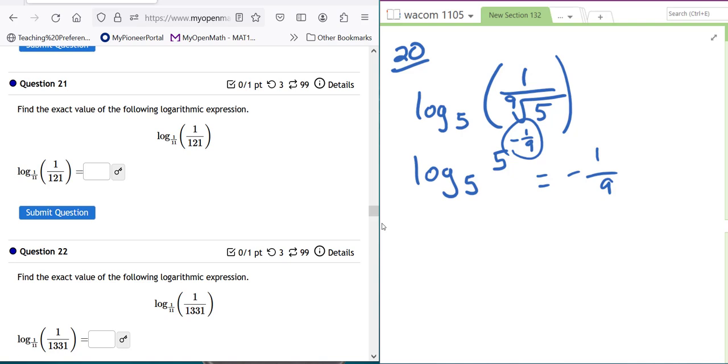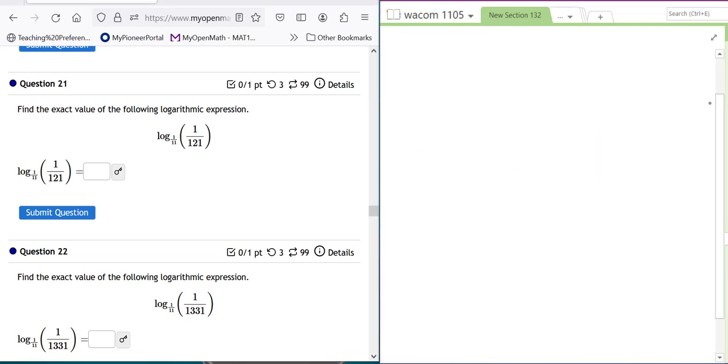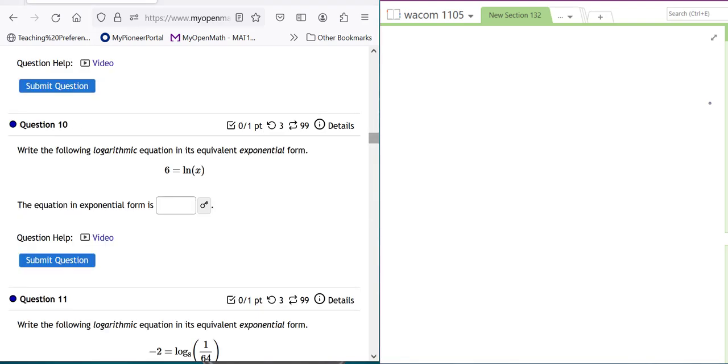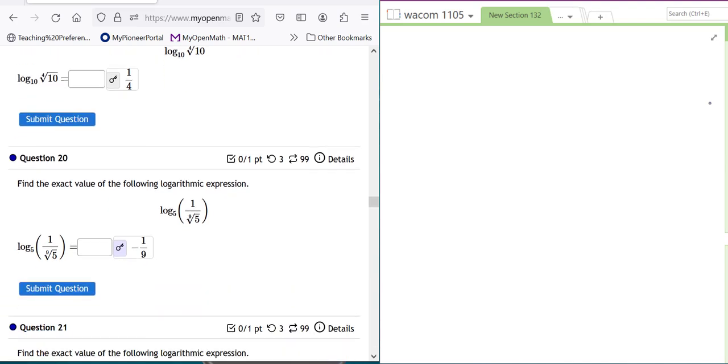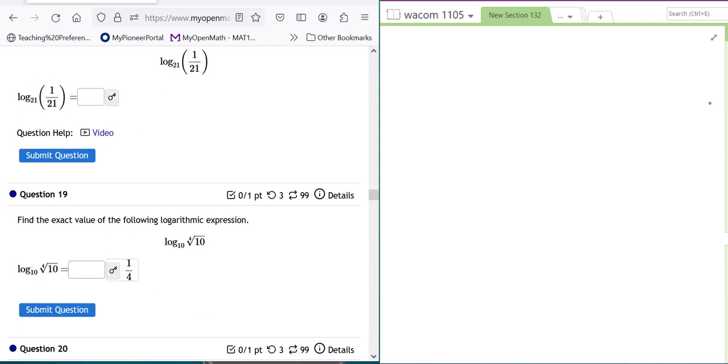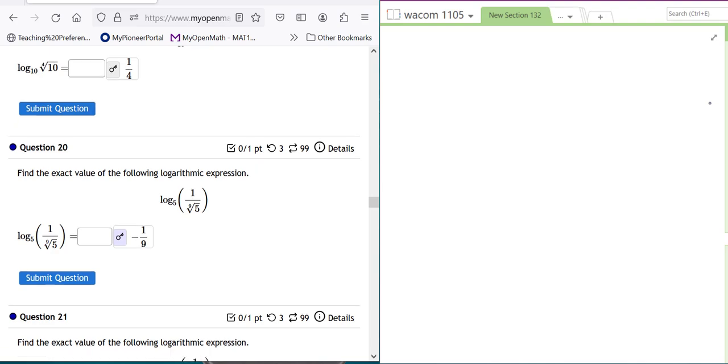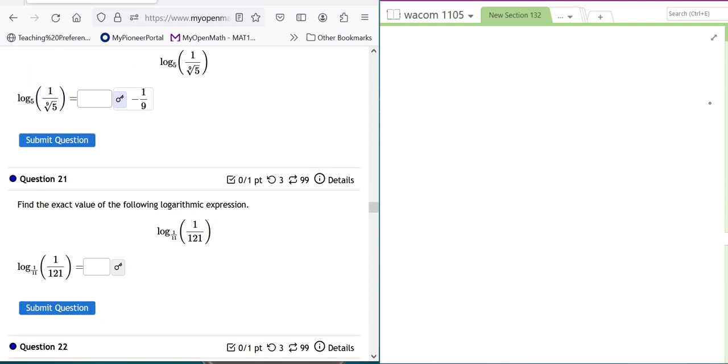Let's see. Let's see about that one. Too many fractions and stuff here. Let's see what we have. I don't even see a variable. Okay.